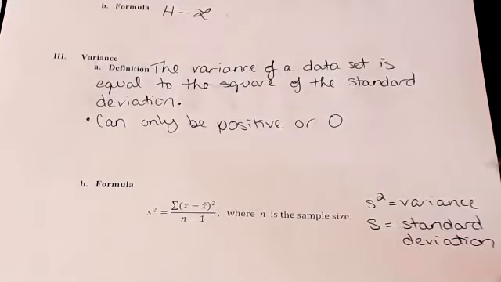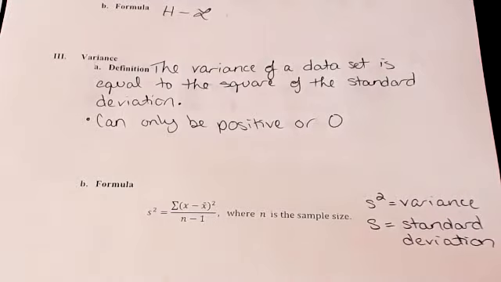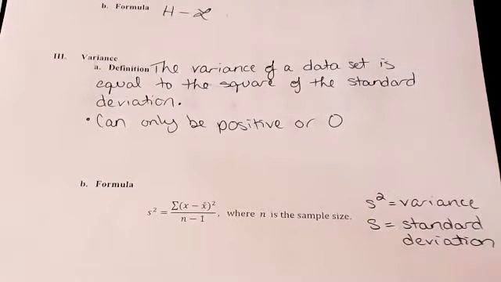That's kind of hinting at the fact that once we calculate the variance, you then take the square root of the variance to find the standard deviation. So that's why they're the same letter. This is why we use this notation to show that we can move from the variance to the standard deviation by simply taking the square root. You can jot that down in your notes at this point, but we will talk about that in just a second. I want to add one more note for variance.